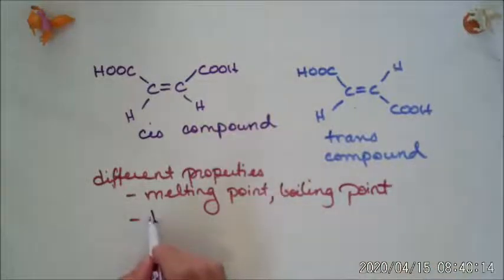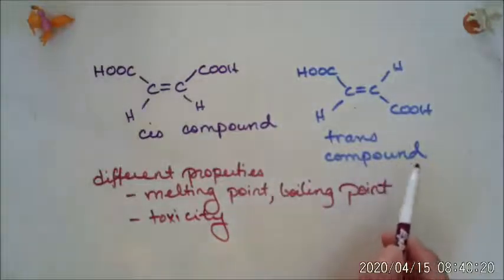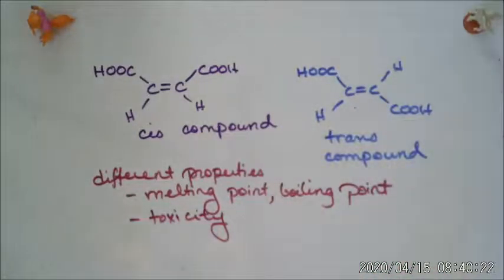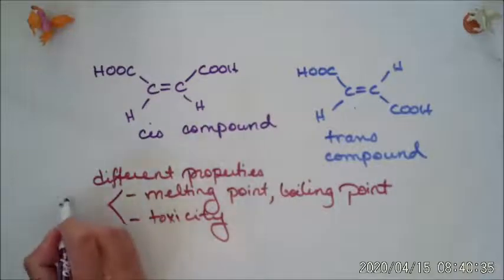In toxicity too, this is fairly safe to consume. Not that you'd want to go out and eat a whole bunch, but if you do eat some, if we have it in a drug, you're fine with that. This one isn't so good for you. So toxicity is also different. So these are examples.